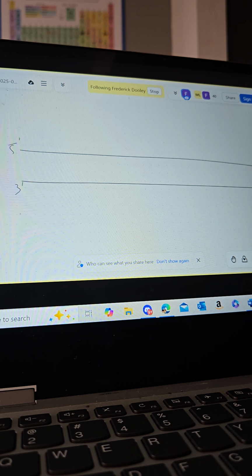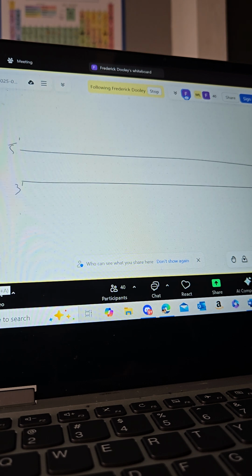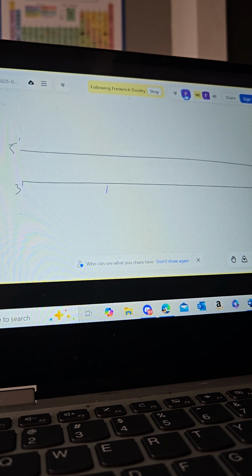So how does a cell know where to start transcription? When there's a new primer? No, that's DNA replication. Promoter sequence, excellent. So if this is our +1, this is our -10, -35, we call that the promoter.